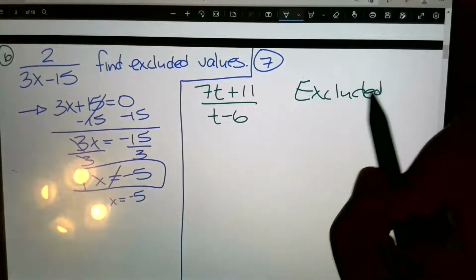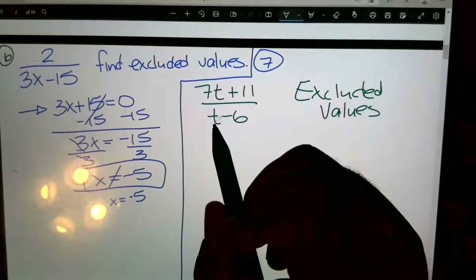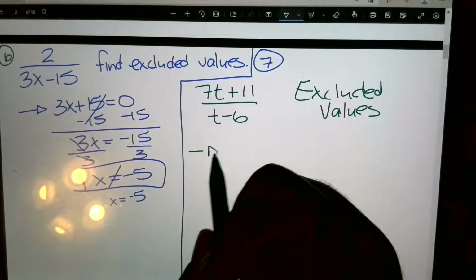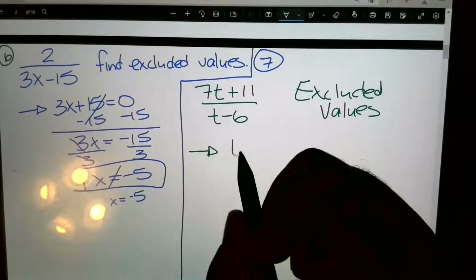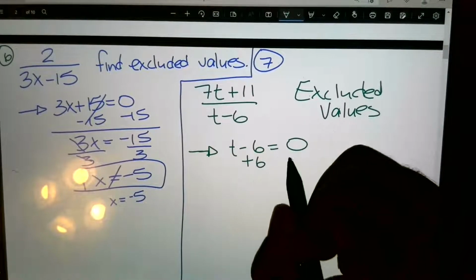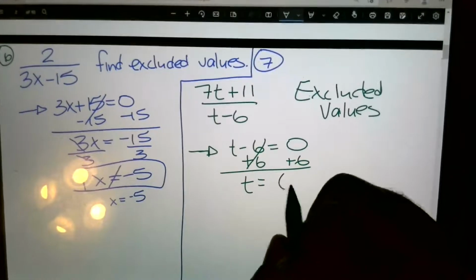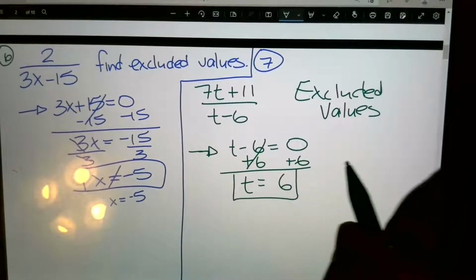Again, that is where the denominator equals 0. t minus 6 equals 0. Add 6 to both sides. t is equal to 6. That's your excluded value.